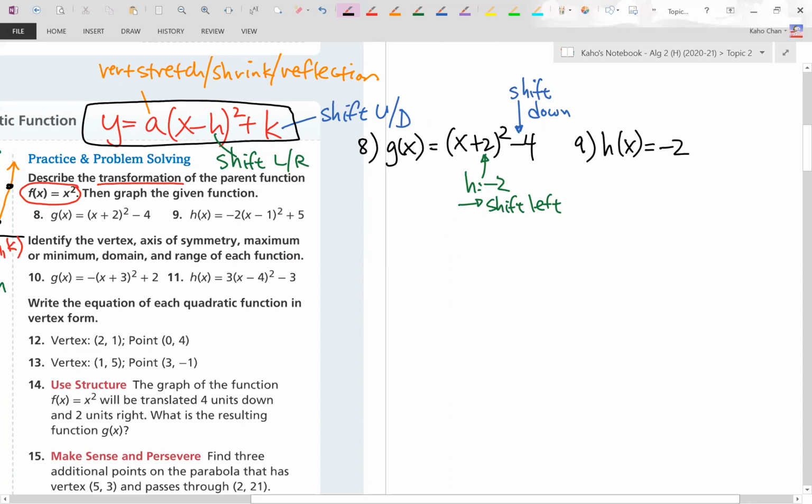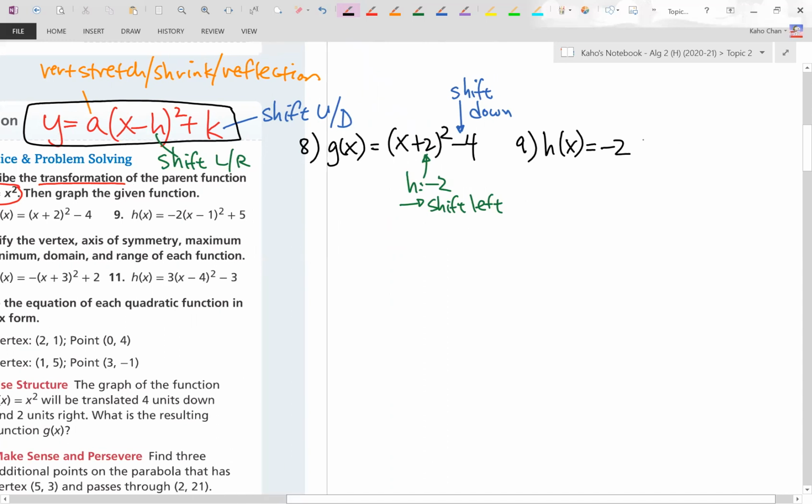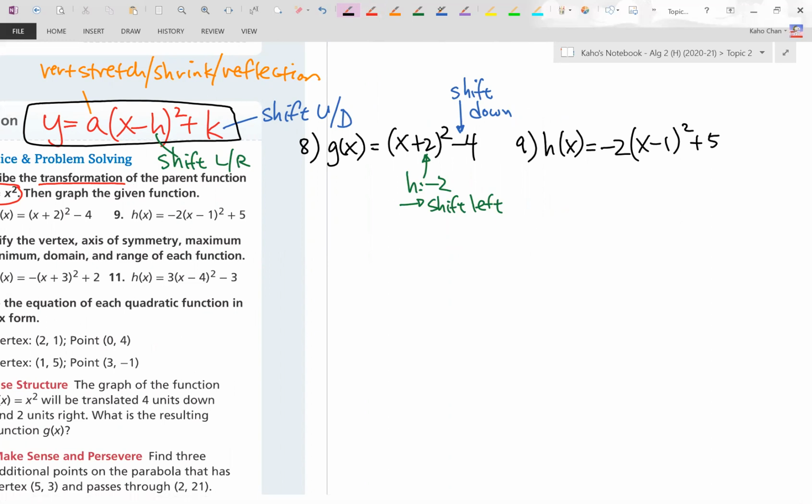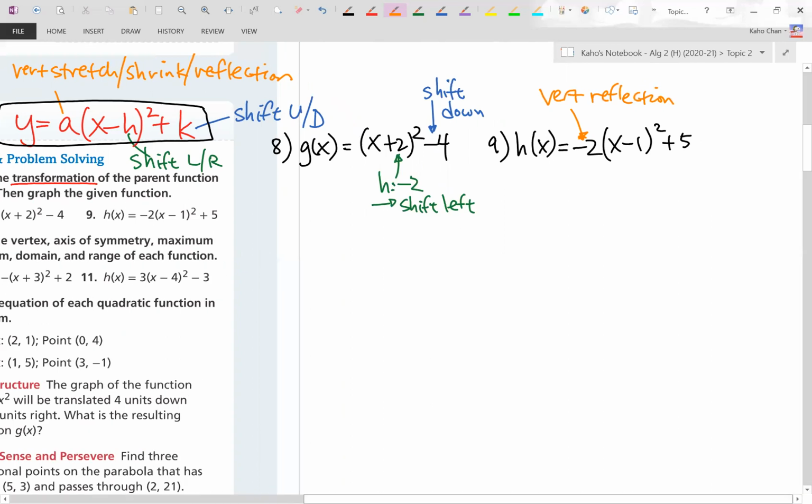This time we have a coefficient in front of the parentheses. That's definitely your a value, along with your h and k. Your a value in this case is -2. Not only is there going to be a vertical reflection because of the negative sign, the 2 is a 200% multiplier. That's a stretch.